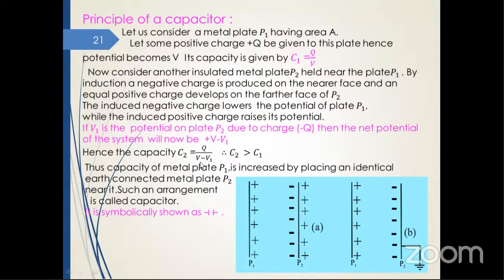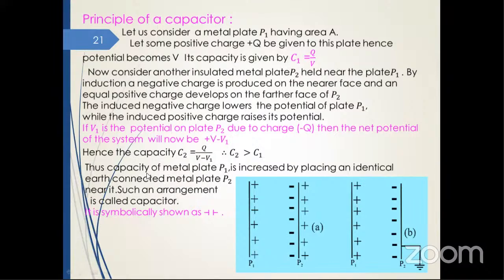Why? Because this V is the potential of this C1. So if you observe this formula carefully, you can say the capacitance of the capacitor C2 is greater than C1, and thus the capacity of metal plate P1 is increased by placing an identical or connected metal plate P2 near it.